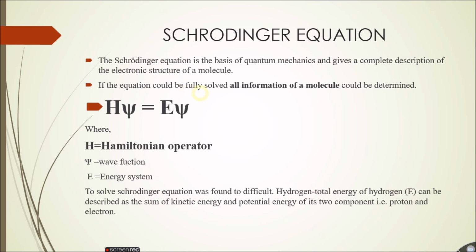From this Schrödinger equation you can solve for all the information of a molecule. See how a very simple equation, H psi equals E psi, and from this equation, from the wave function details and all the parameters in it, you can get accurate results and a lot of information about the molecule.